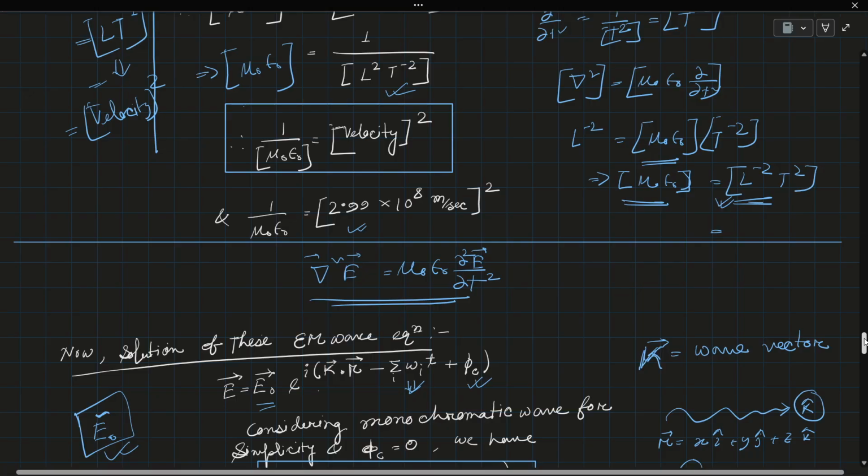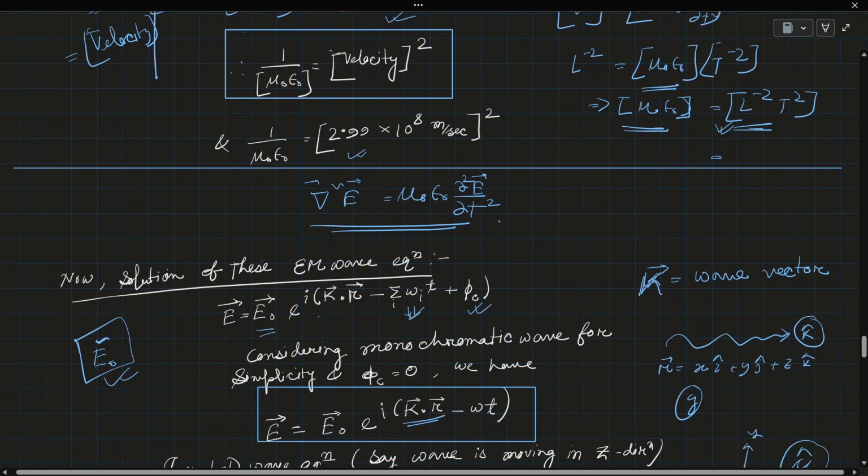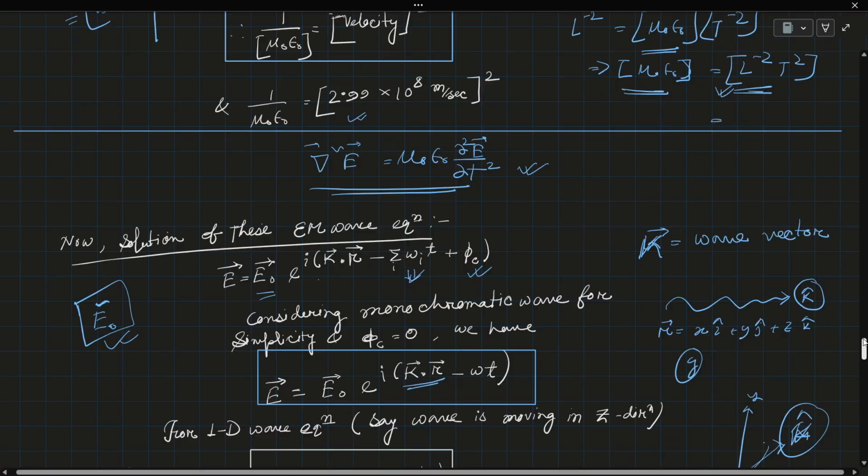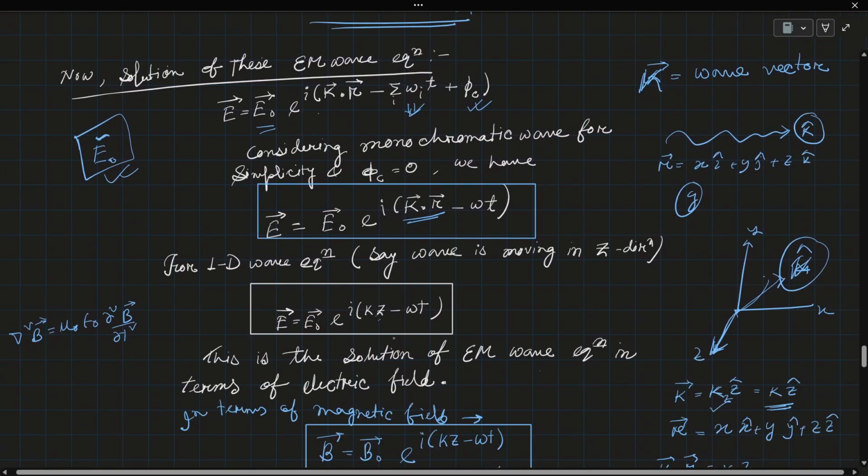From this part, we have learned the solution of these two equations. The equation in terms of electric field gives the solution E equals E naught, where E naught is the magnitude and can be complex also.